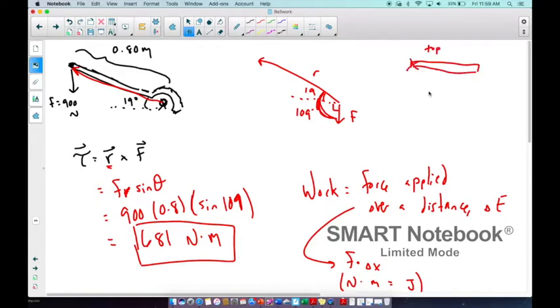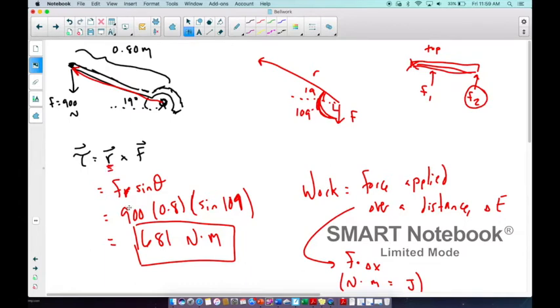Let's say here's the axis of rotation. If you apply a force here and then apply a force here, which one is going to more easily rotate the door? It's going to be F2 because it's a farther distance away from the axis of rotation.